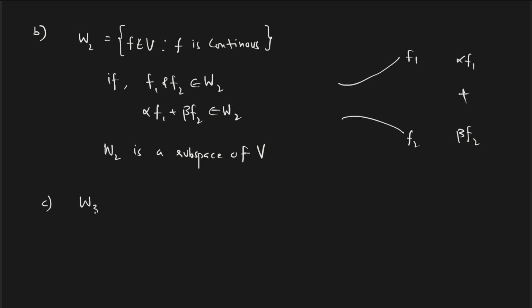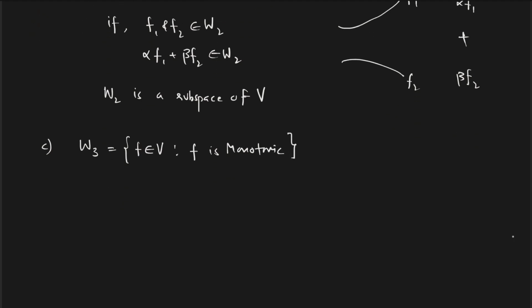Now we will see the third one. The third subspace is given: W3 is all functions f belonging to the vector space V such that f is monotonic. Now there is a catch here. It is not given whether this subspace W3 contains monotonically increasing or monotonically decreasing functions.